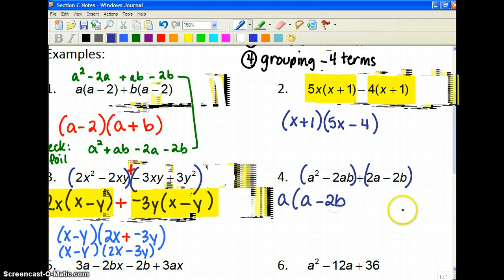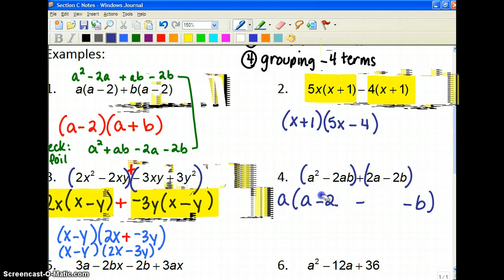So I know my next parenthesis, I want to get A minus 2b. Well, what can you take out? You can take out a 2 and you get A minus b. What's wrong with that? You can't get these parentheses to match, so it didn't do you any good. Now, you could try to regroup them and see if that helps.